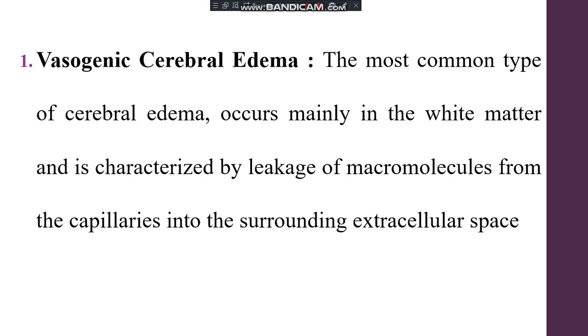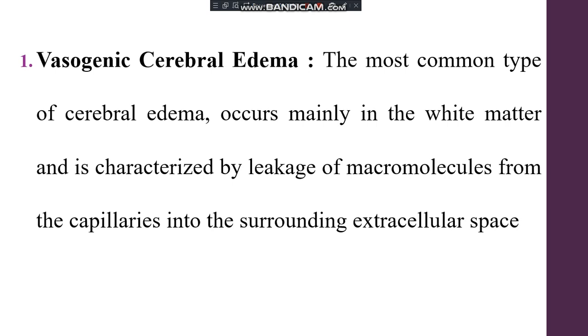This one is the most common, mainly in the white matter, and it is characterized by leakage of macromolecules from the capillaries into the surrounding extracellular spaces. So we have to keep three things in mind. First, this is the most common type of cerebral edema. Second, it occurs mainly in the white matter of the brain.